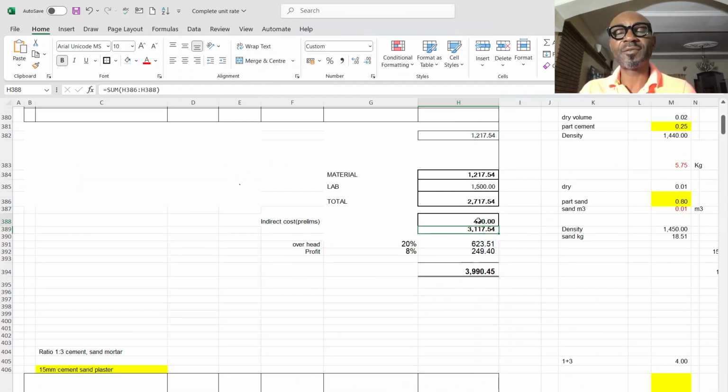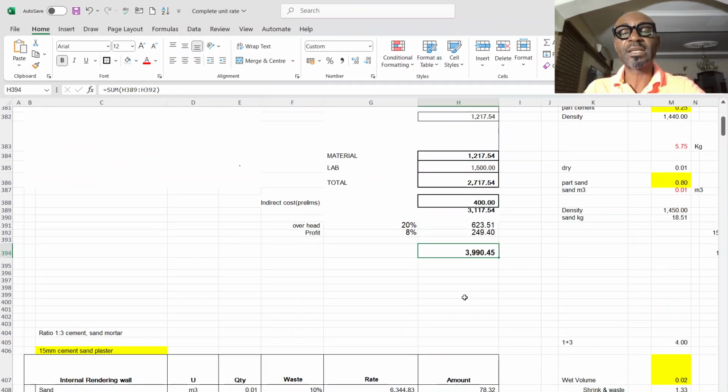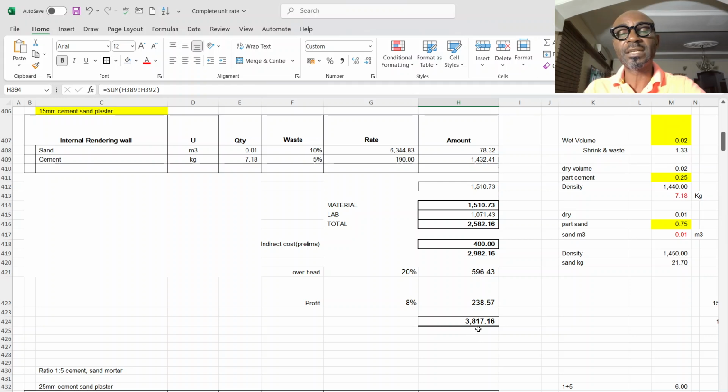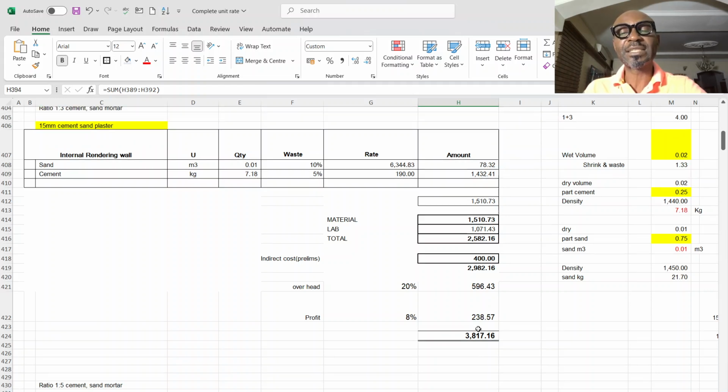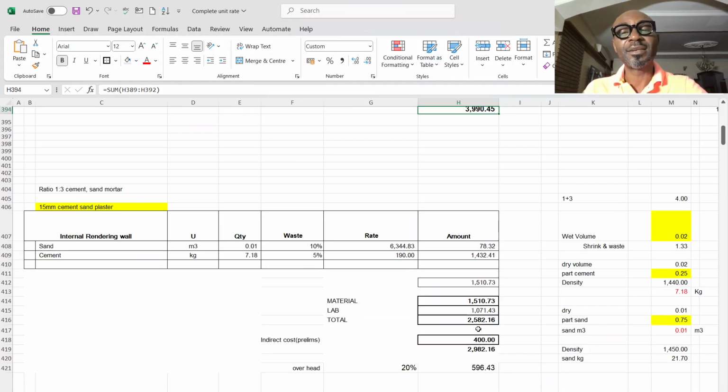So if I add the 400 plus the cost of labor and material, and now I add my overhead and my profit, my cost for the 12 plaster will be 3,990, while the cost for 15 will be 3,870, and 3,817.